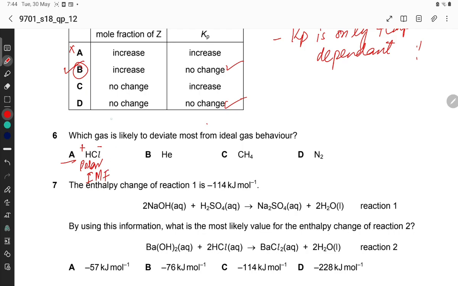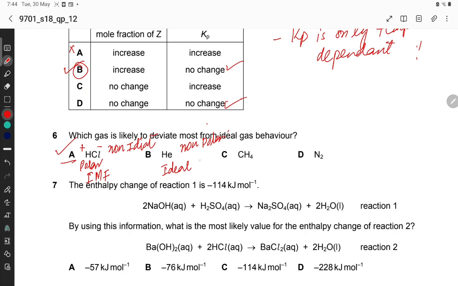So this is a non-ideal gas. So it deviates most. Now helium is an ideal gas because it is non-polar.